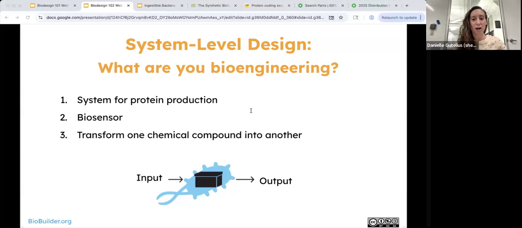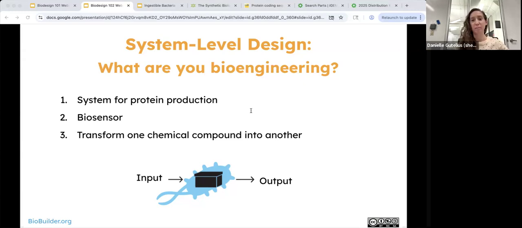And the three most common purposes of synthetic design are listed here. So a system that functions to produce a specific protein. An example here would be biofuels or any sort of pharmacological product, right? Drug production. You just want to design a system that pumps out a lot of this protein product. Number two is a biosensor.